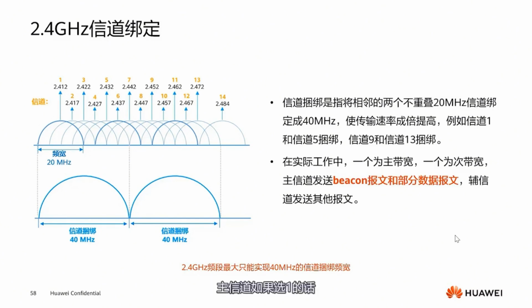In representation, if channel 1 is selected as the primary, it is denoted as plus mode, and the bonded channel is referred to as 1+, indicating that channel 1 is the primary, and channel 5 the secondary, with a combined bandwidth of 40 MHz. If channel 5 is chosen, it is called the minus mode, where 5- denotes channel 5 as the primary and channel 1 as the secondary for a 40 MHz bonded channel.